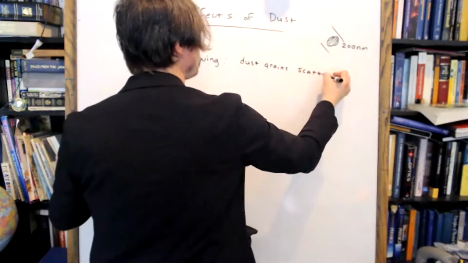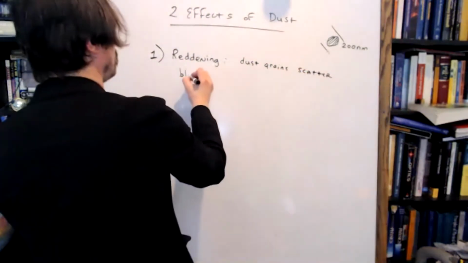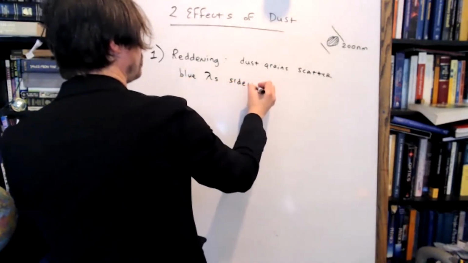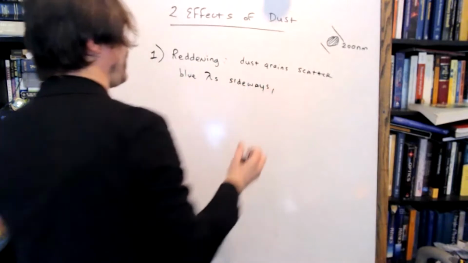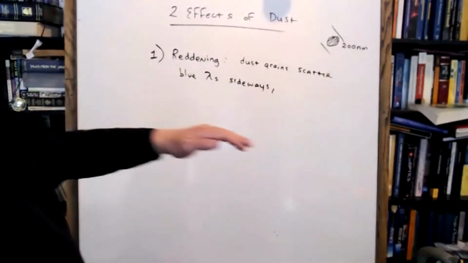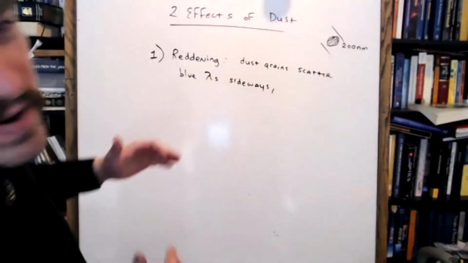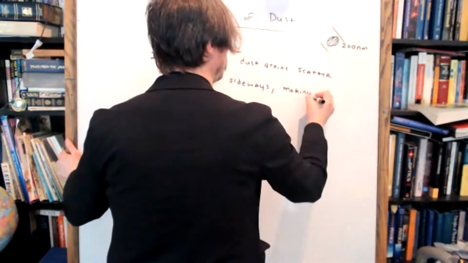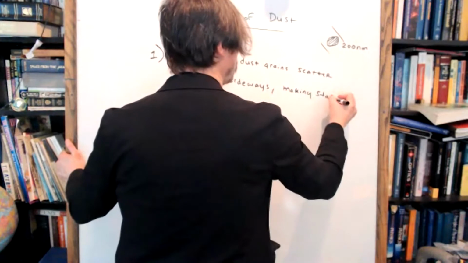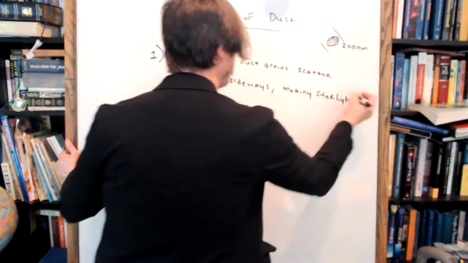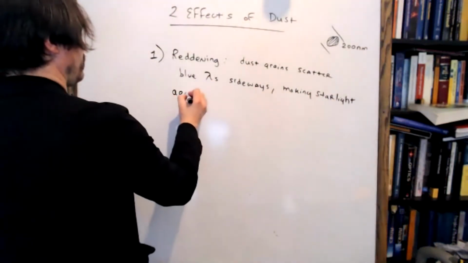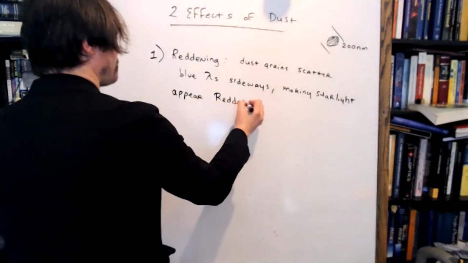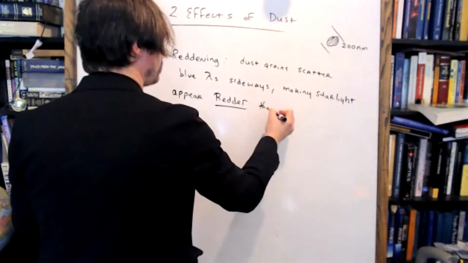scatter blue wavelengths sideways, and the resulting starlight, which is transmitted through the cloud, becomes redder, making starlight appear redder than it is.